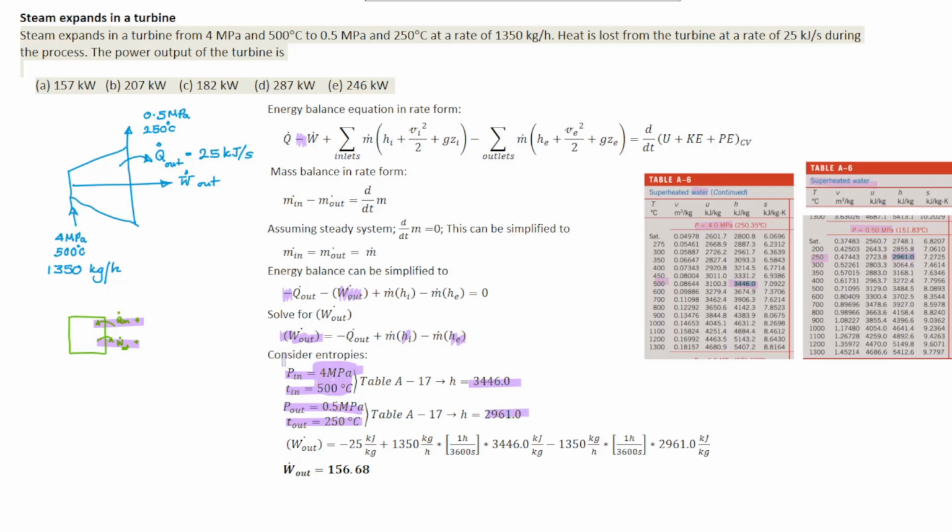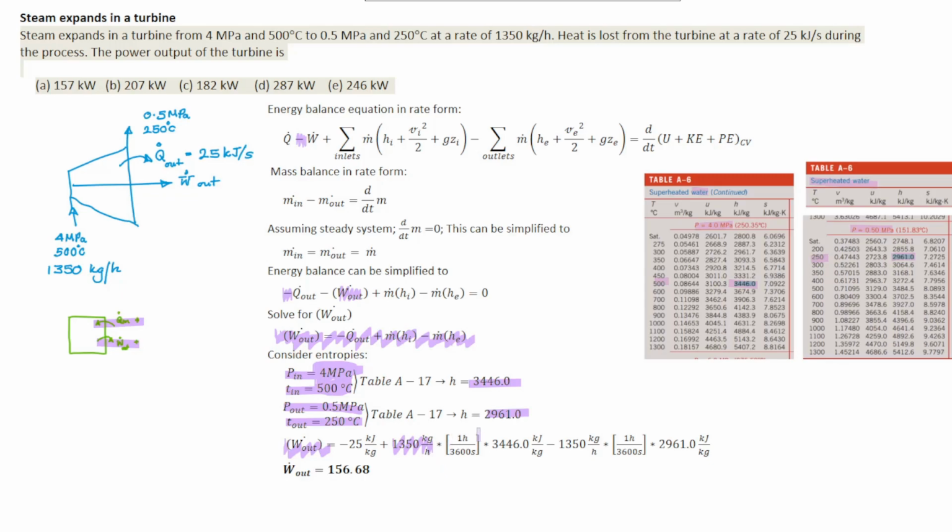Now we can substitute all of that into our previous equation that we solved for W, and we can get this equation. Here we have to remember that our flow rate m dot is in kilograms per hour units.